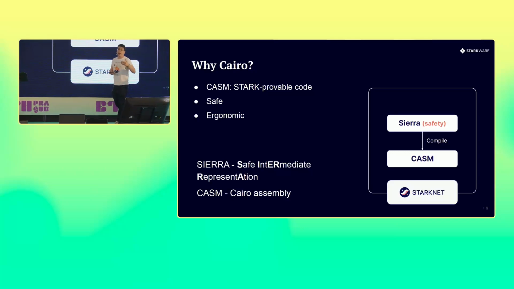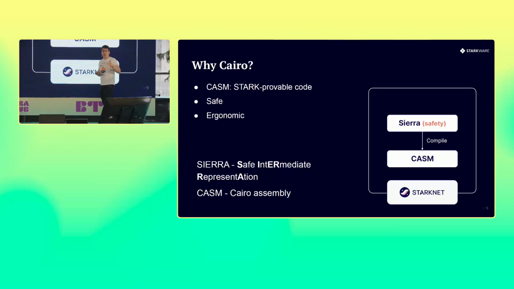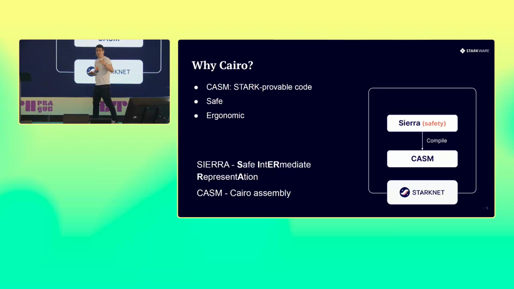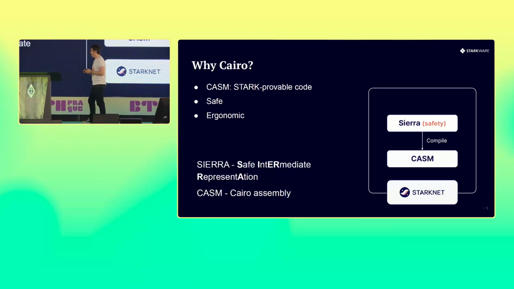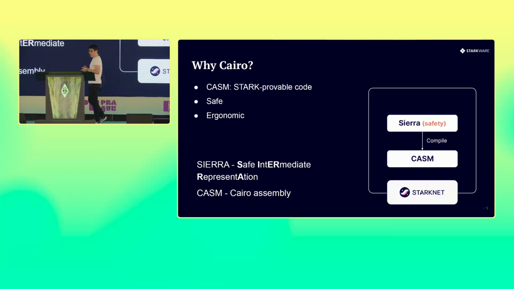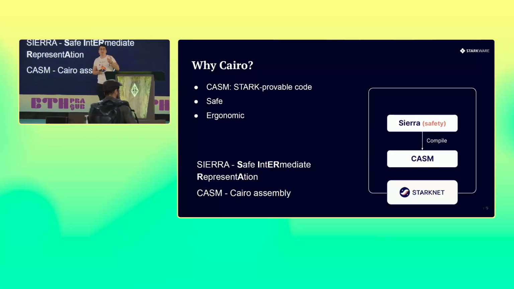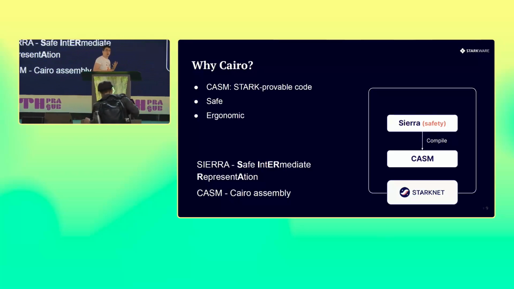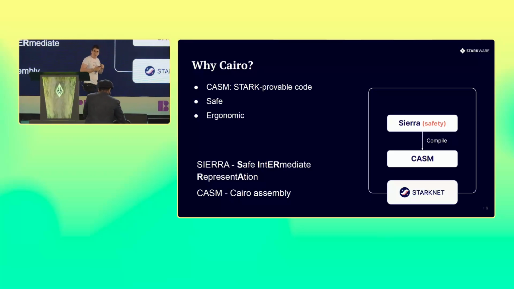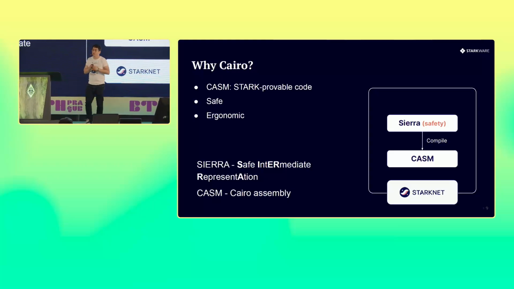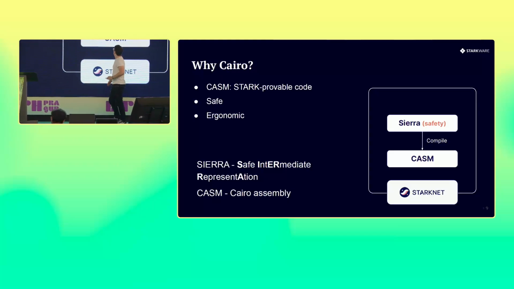We can prove that every execution path can be terminated given that you have enough gas. We can prove a lot of things about Sierra, and that is giving us the safety that we want, but I don't want to talk about Sierra. Just know that it is what makes us safe.